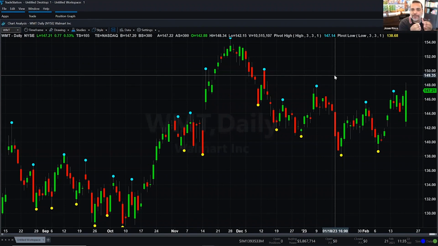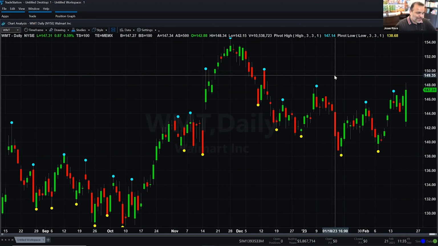So technically, a pivot requires 3 candles to identify its formation. So it's always going to require 1 more bar than what the key reversal requires. But again, it all depends on what strength you want that pivot or that key reversal to use. In this case, the pivots are using 3 bars to the left and 3 bars to the right.